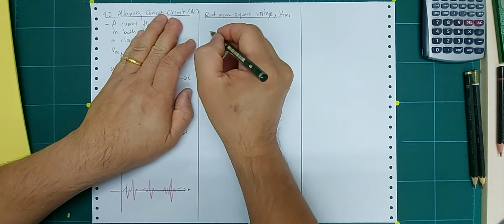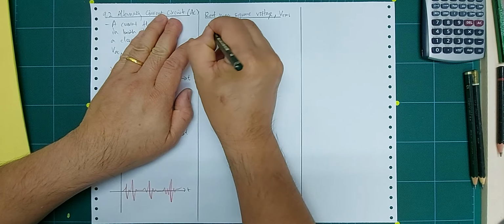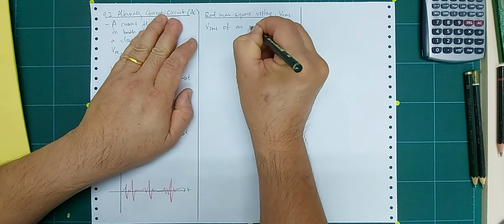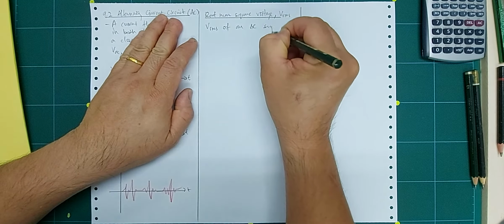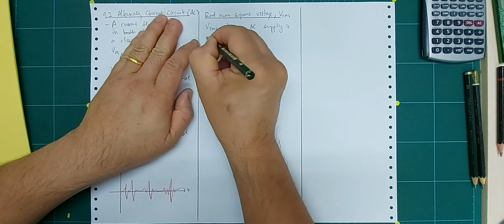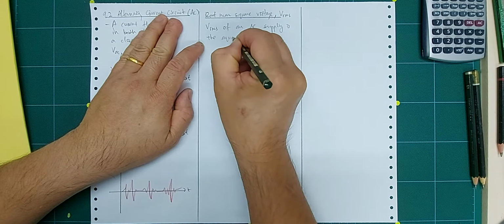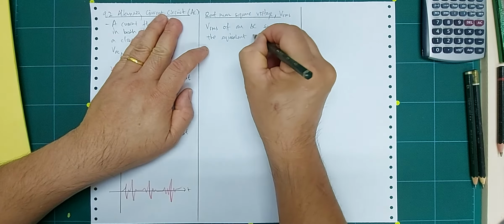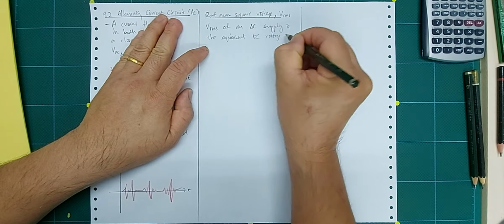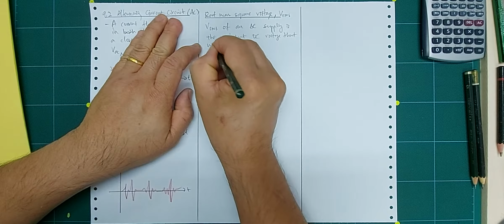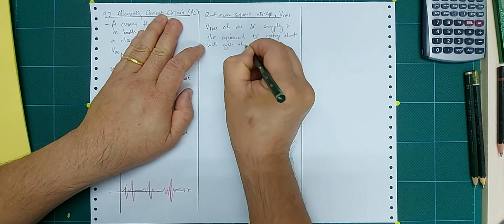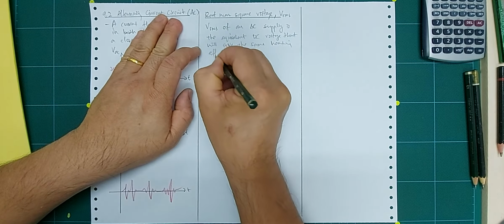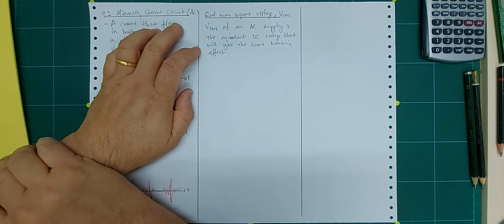The meaning of this is: V RMS of an AC supply is the equivalent DC voltage that will give the same heating effect.